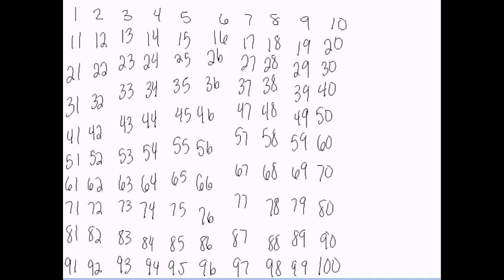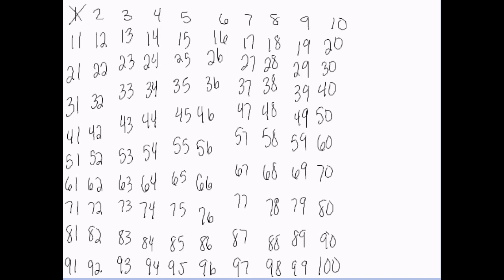The longest part is writing down 1 through 100. Okay? Now, 1 doesn't really count, so I'm going to go ahead and cross that one out. 1 is not prime. So 2 is our first prime number.